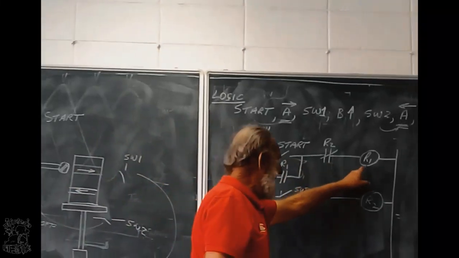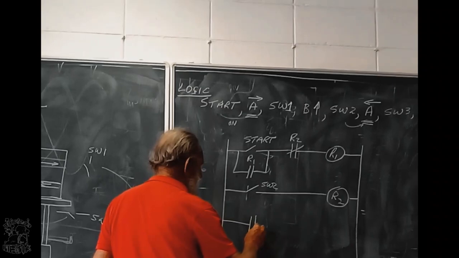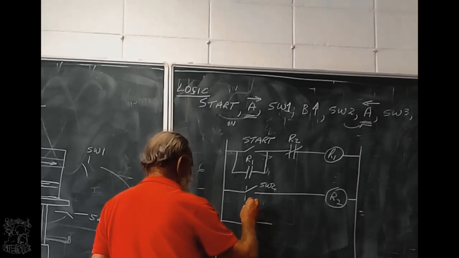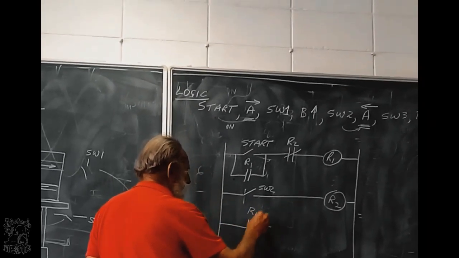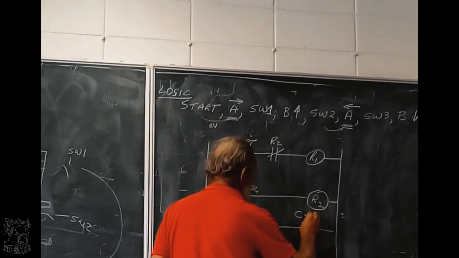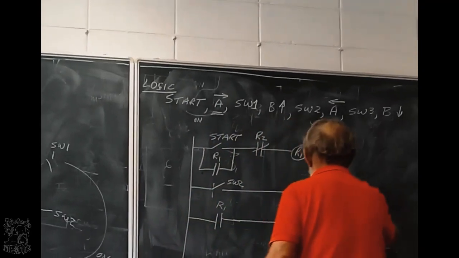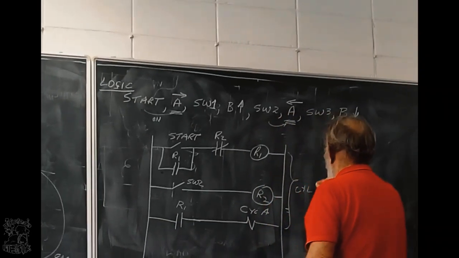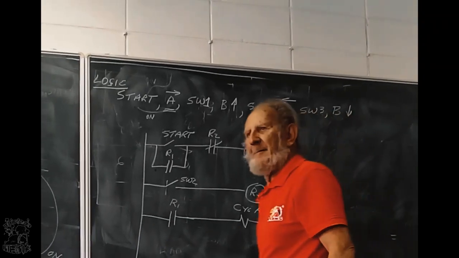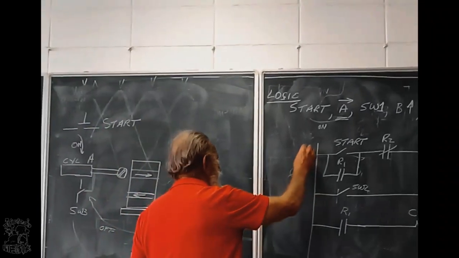While relay 1 has got power, cylinder A must move. That is the control of cylinder A. I've designed it. Line 1, 2, and 3.